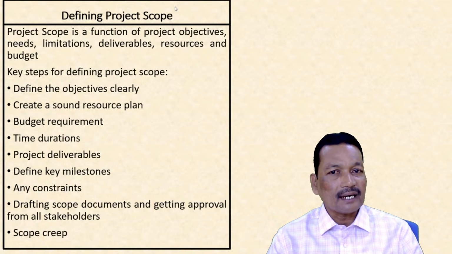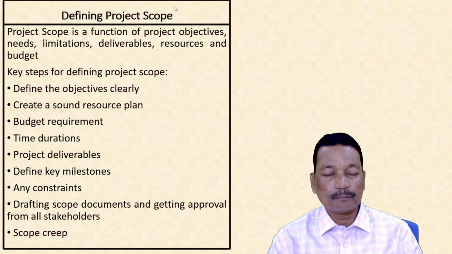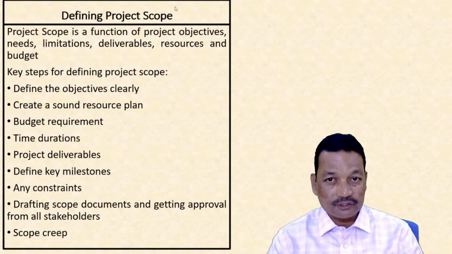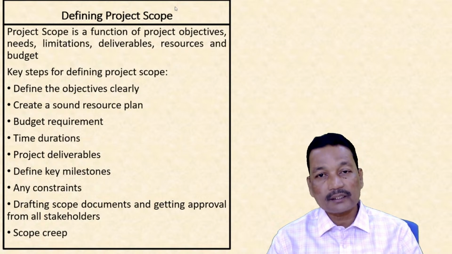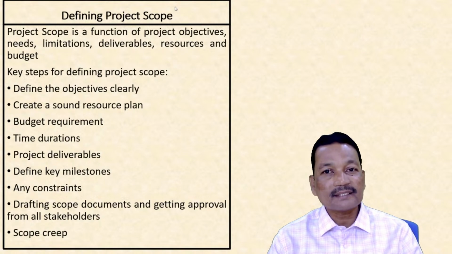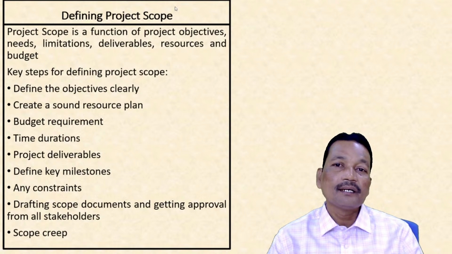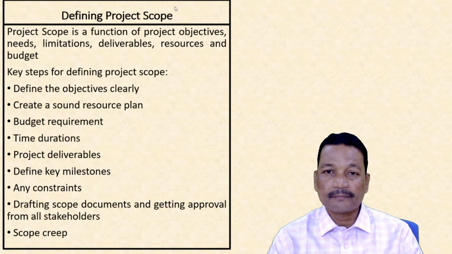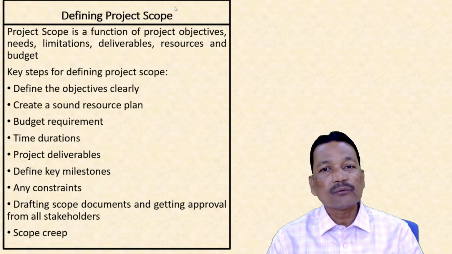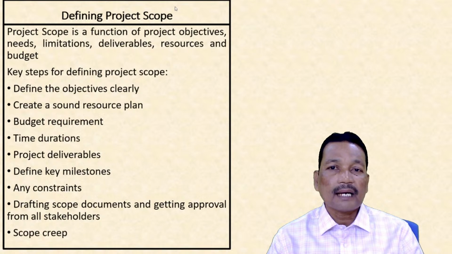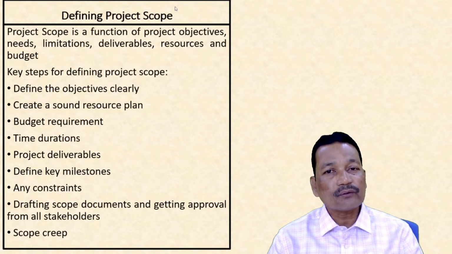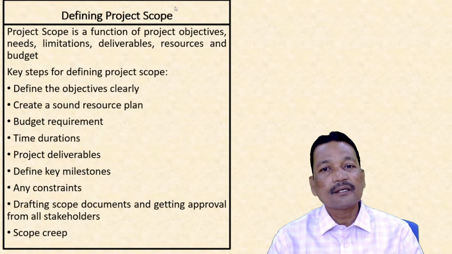Next is, are there any constraints for the project? If there are constraints, what are the things or the items? One may say that yes, raw material is a constraint for the project that we are going to undertake. Then immediately we try to look out for where we can get the raw materials.